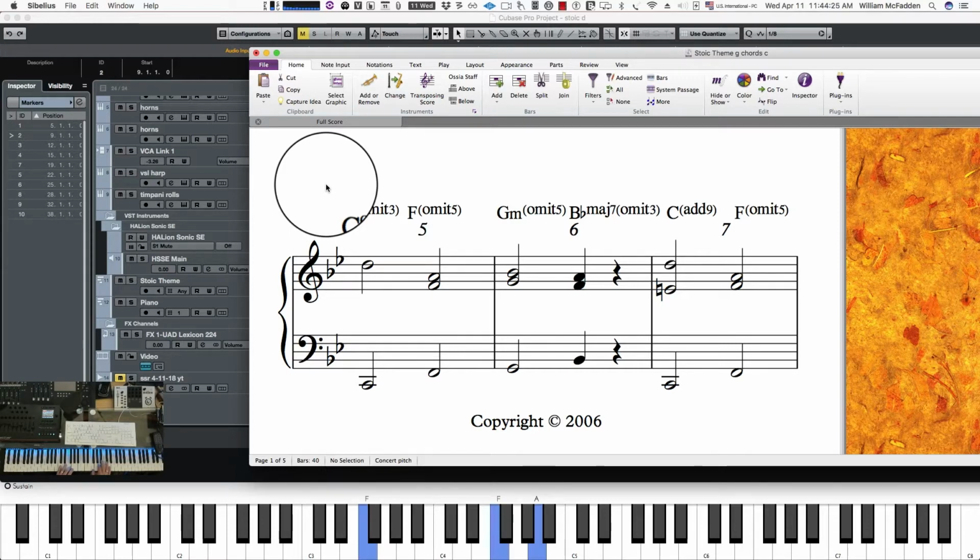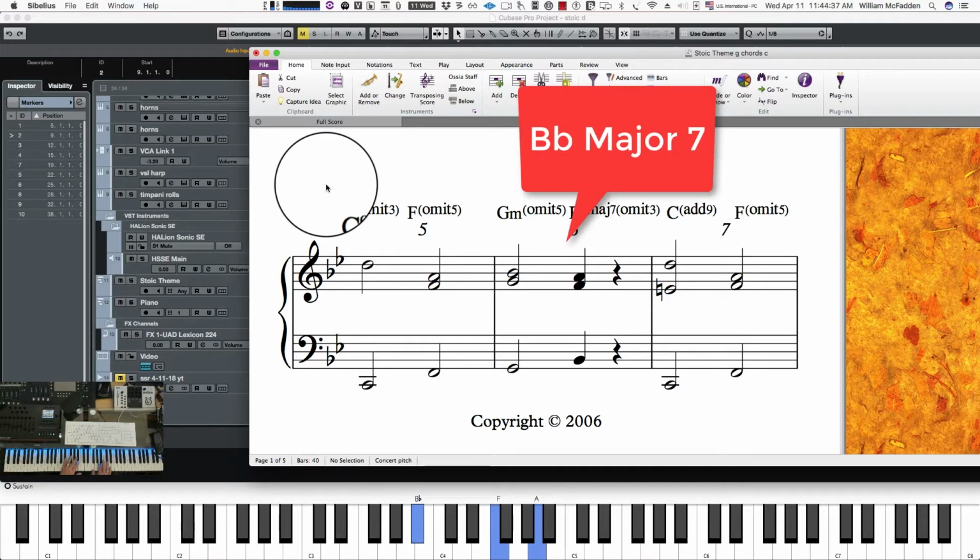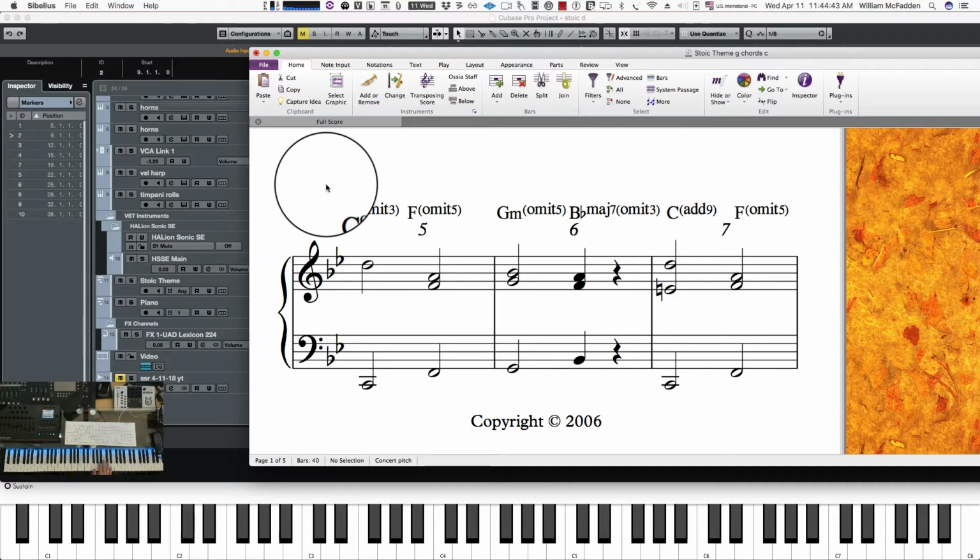Then to a G minor, omitting the 5th. And when we hit the B flat of the ostinato, we're forming a B flat major 7, omitting the 3rd. So we see that Newman is omitting the 3rd and the 5th consistently in this cue.